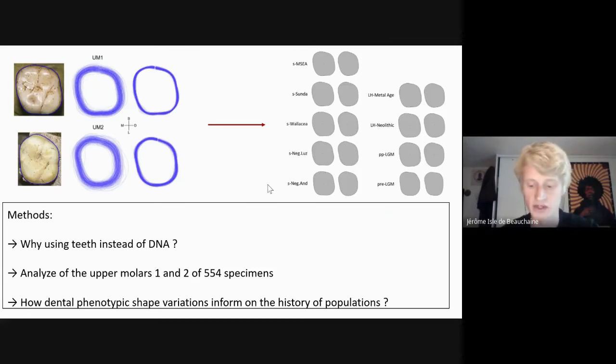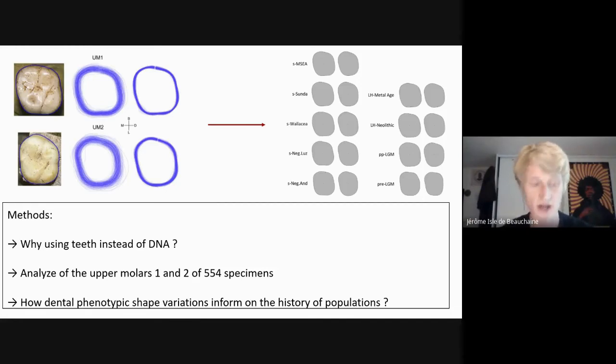Because of the temperature and humidity, there is poor collagen preservation inside the bones. So using teeth, which resist much better to this kind of conservation problem, enables us to have a larger sample to study. Here they analyzed a molar from more than 500 specimens.